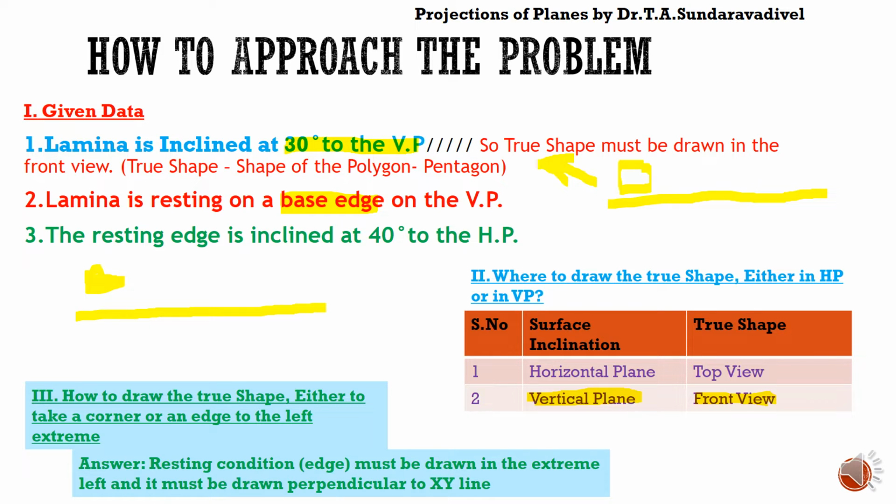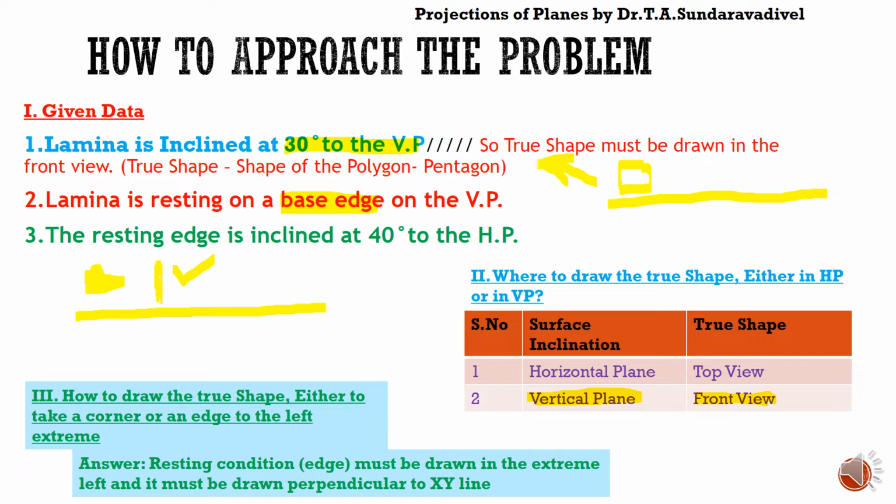While drawing the true shape, we have to take an edge to the left, because the lamina is resting on a base edge on VP. So this one is correct.